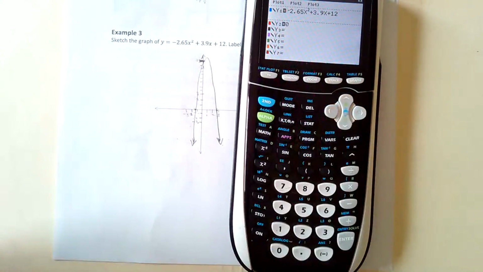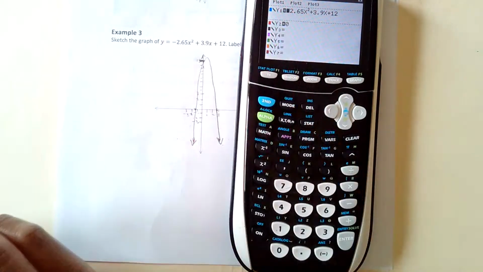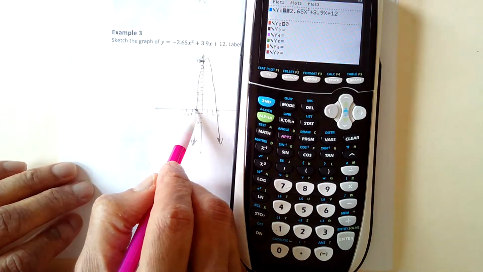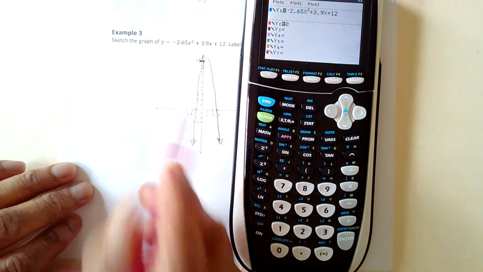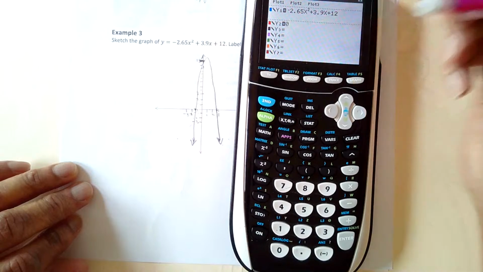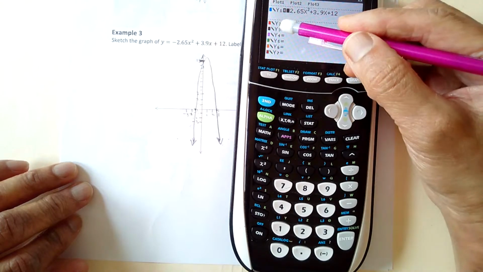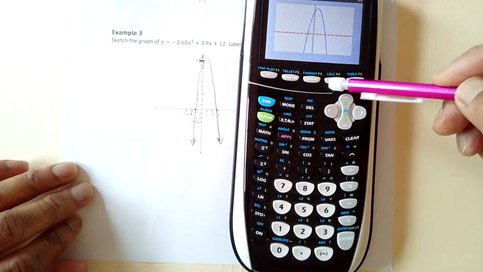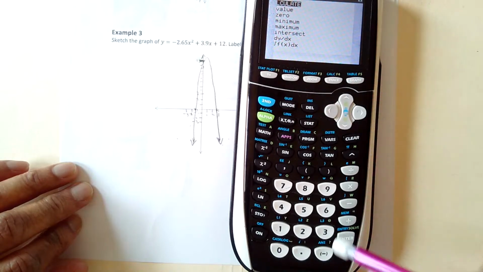I didn't change my y2 line, I leave it, because I know I'll be finding my x-intercepts. So in line y2, y equals 0. Back to graph, so I go second trace, go down to intersect.